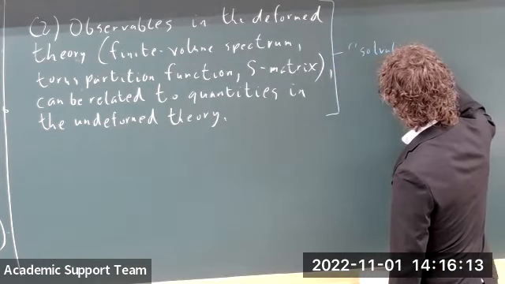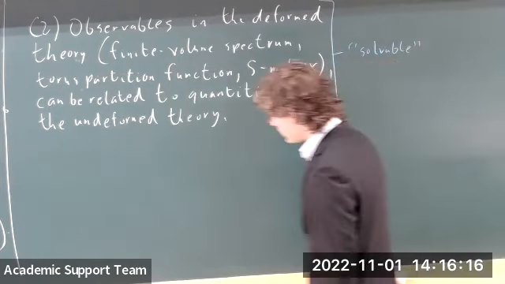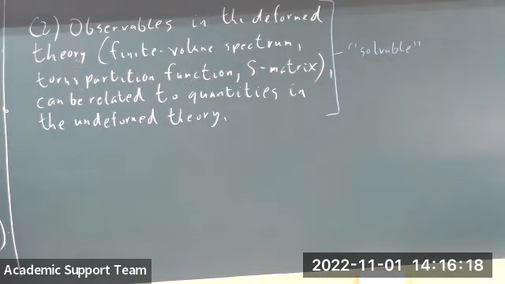From my perspective, the word solvable means that one can derive flow equations, which are often differential equations, or in the case of the S matrix, it's addressed by a CDD factor, which we saw yesterday. These are explicit expressions that tell you how to compute quantities in a deformed theory in terms of the corresponding quantities in the undeformed theory, which is another very nice property.